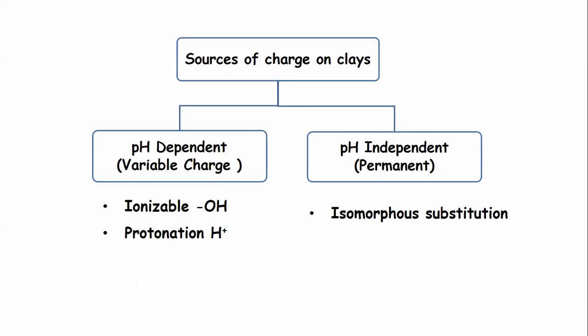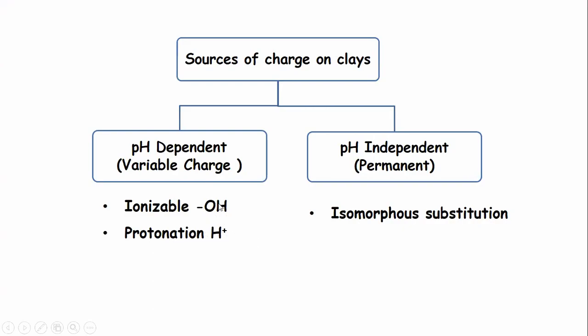The pH dependent or variable charge is due to the ionizable OH and the protonation of the hydrogen, the H plus ions. The pH independent charge, or the permanent charge, is mainly formed due to the isomorphous substitution, so it does not depend on the pH. pH is basically the negative logarithm of the H plus concentration.